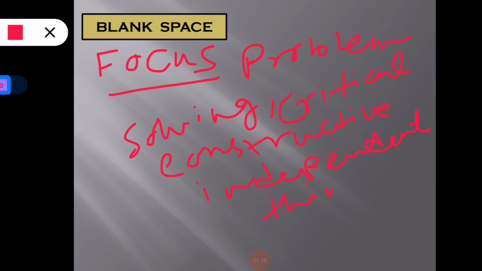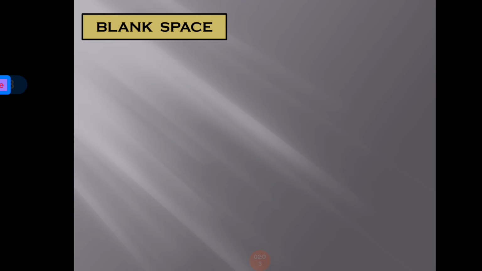Clear? This is one of the most important focuses for this model. It helps to develop problem solving thinking, critical thinking, creative thinking, constructive thinking, independent thinking, and that portion we have already told earlier. Now move on to the second stage, that is the syntax.